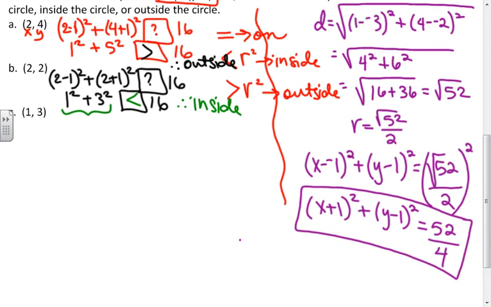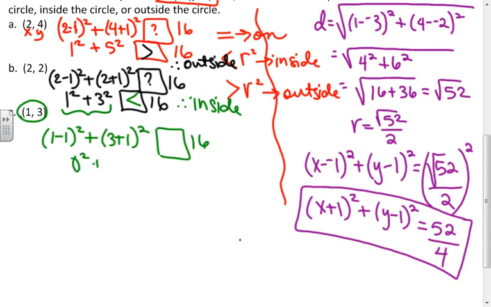This last example, if I have 1 minus 1, the quantity squared, plus 3 plus 1, the quantity squared, again, just replacing x and y in the formula, how does that relate to 16? 0 squared plus 4 squared pretty clearly is equal, therefore this is on the circle.